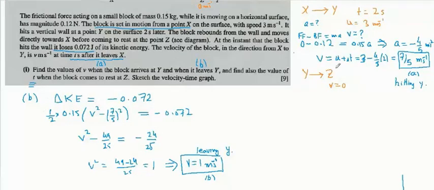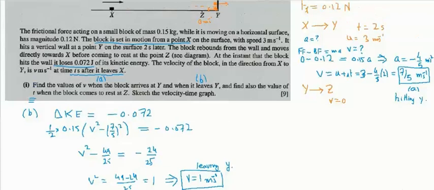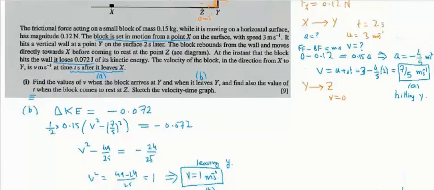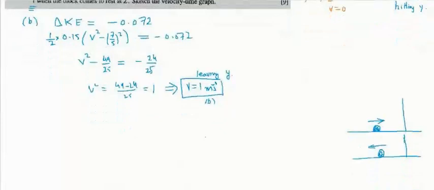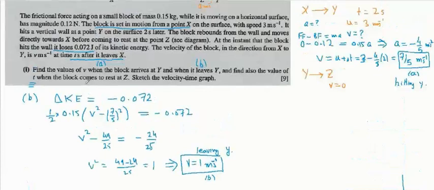So it means 2 seconds already plus the time it takes from Y to Z. This is the question. So it is part C, we mark it part C. Find also the value of t.